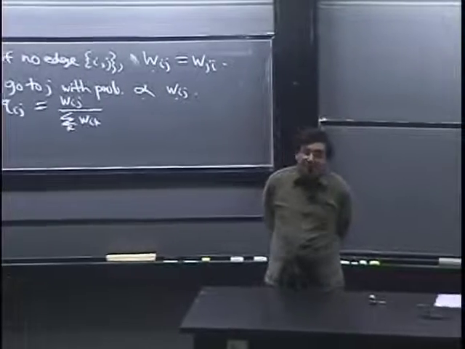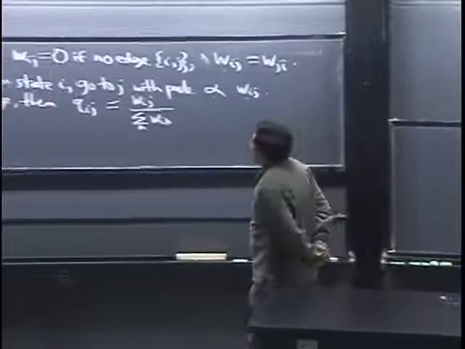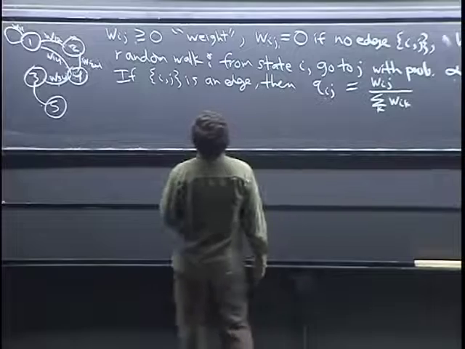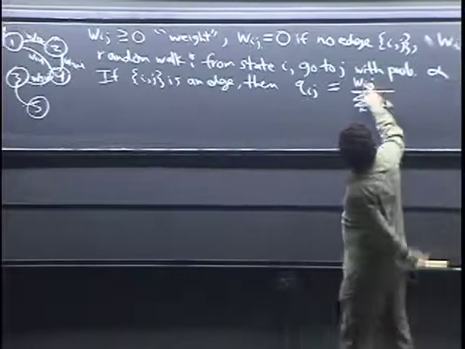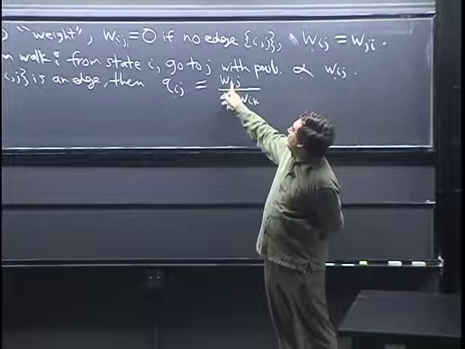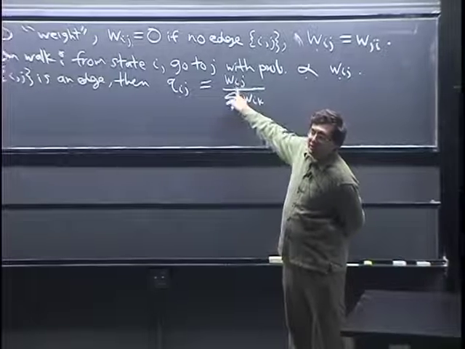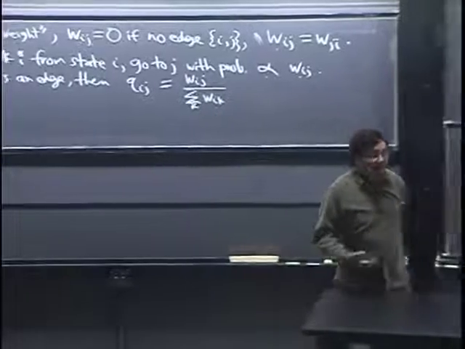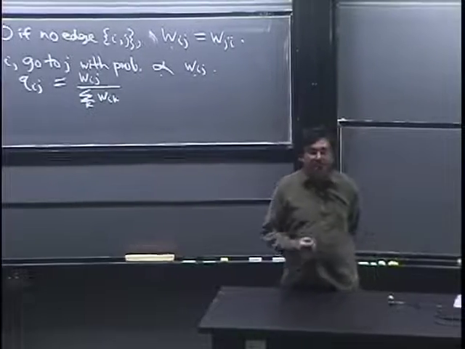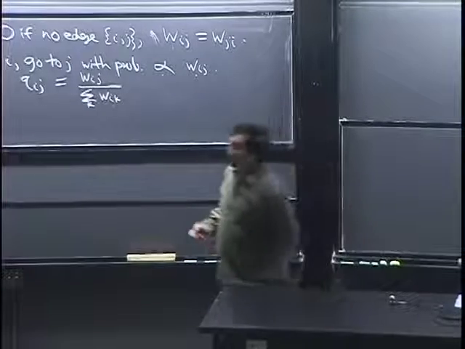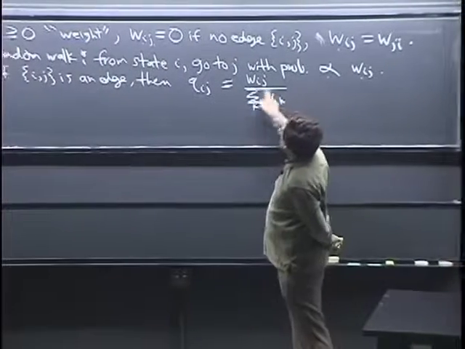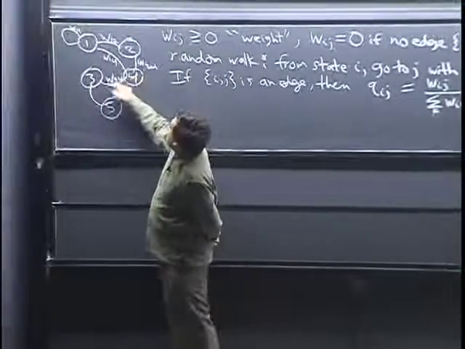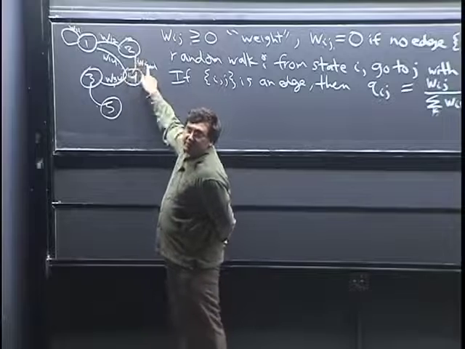All right, so that's the random walk. But notice that in the case without weights, just think of all these Wij's as 1, right? And so then this is just 1 over the degree of i, and in that case, the stationary distribution is proportional to degrees. So the analog of that is that instead of the degree, we're looking at the sum of the weights. That is, from state i, we look at all these weights and we add them up, right?